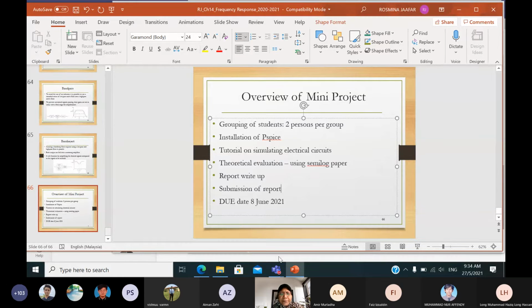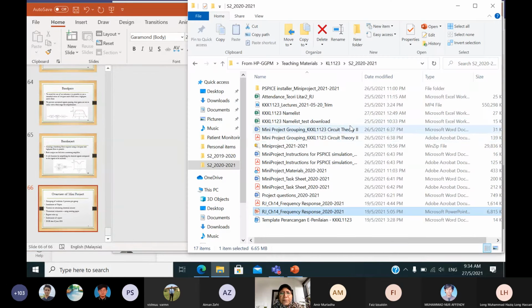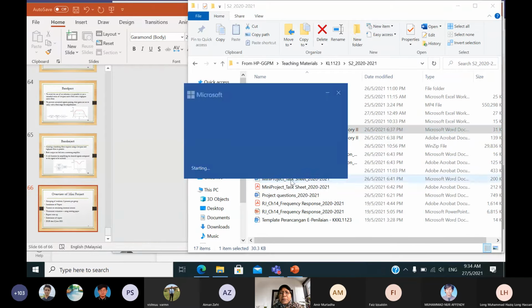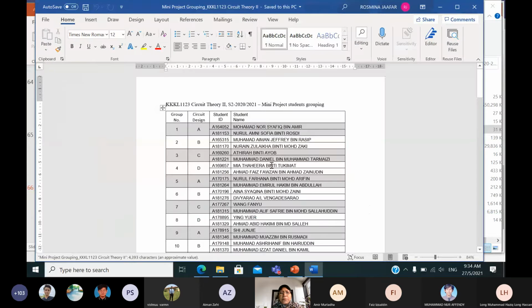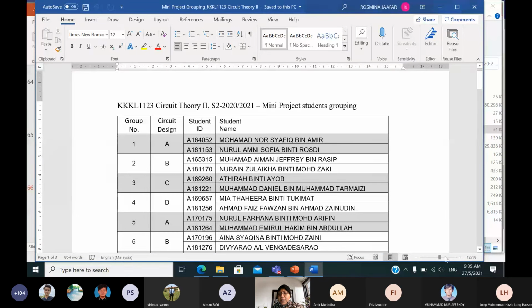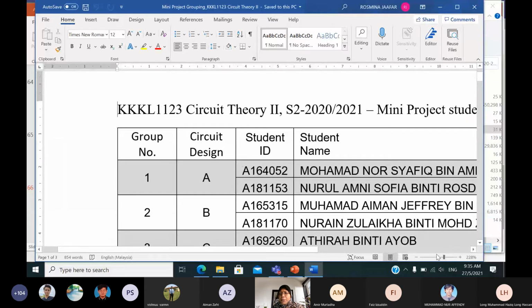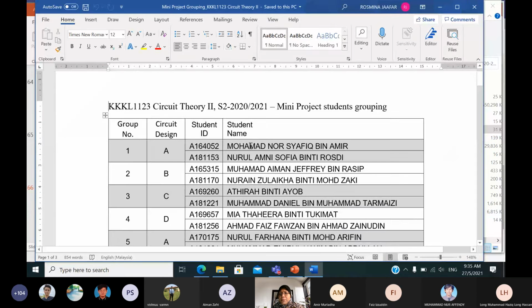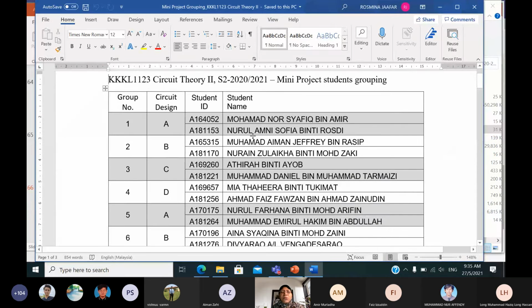Okay, and the grouping. Okay, if you notice, I have combined students.